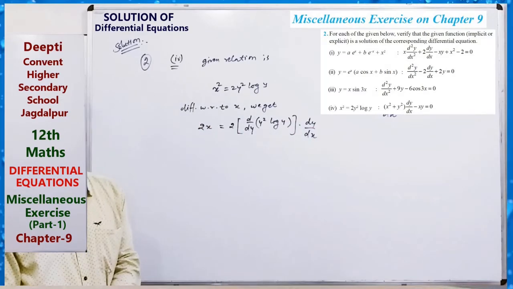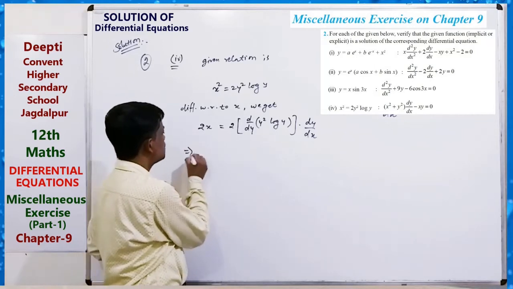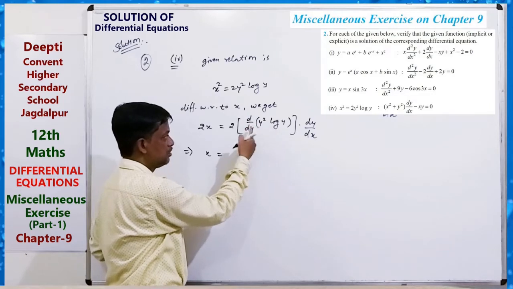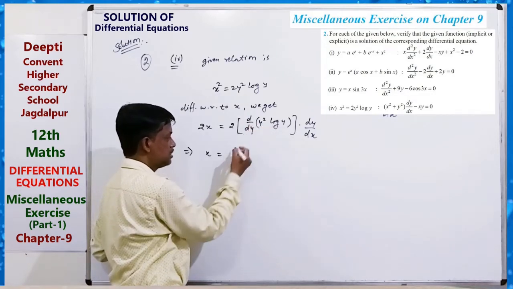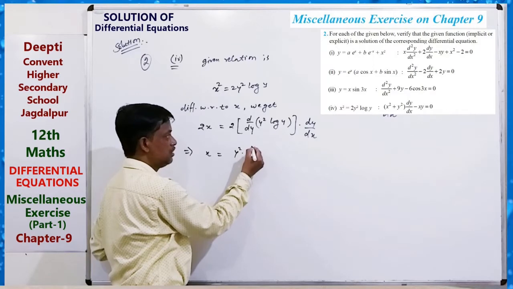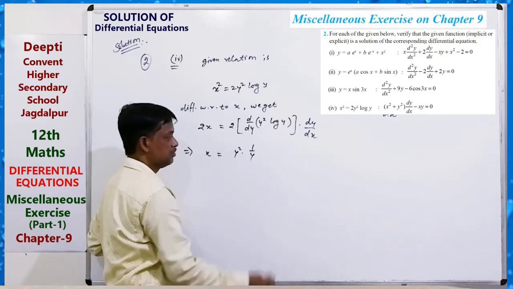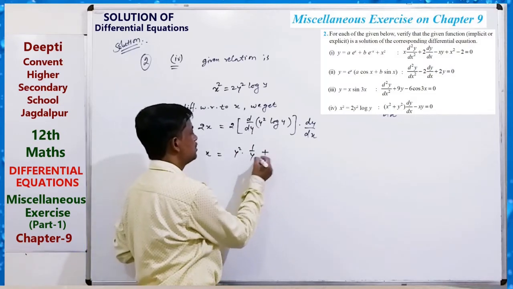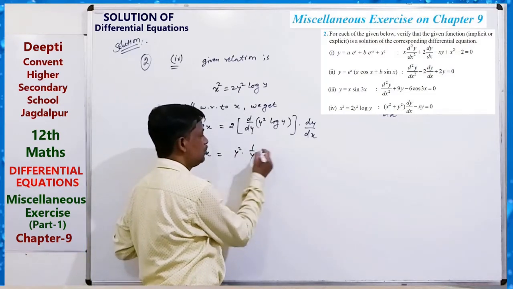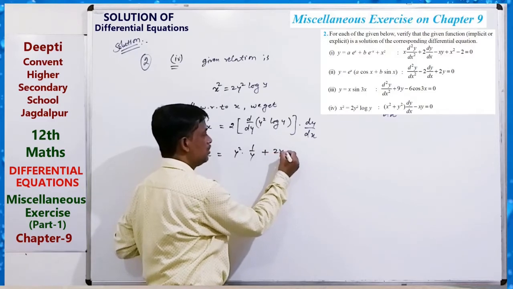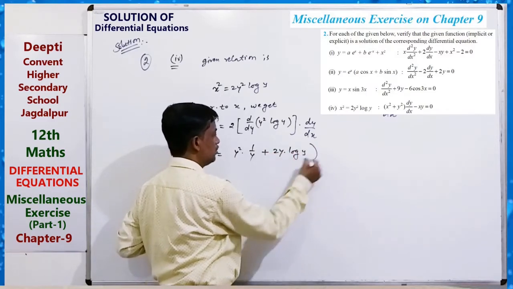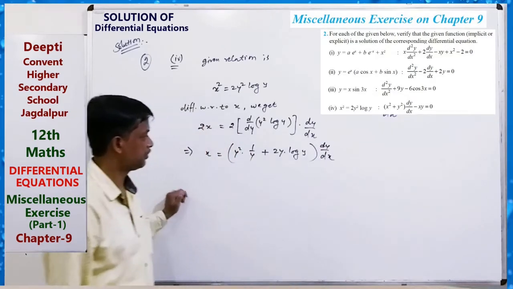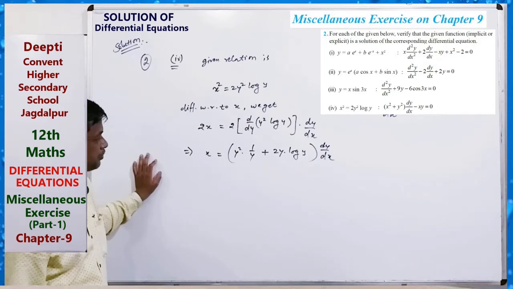So the 2 cancels: x equals, first function y square, second function derivative of log y which is 1 upon y, plus derivative of y square which is 2y, times log y, times dy by dx. Clear?